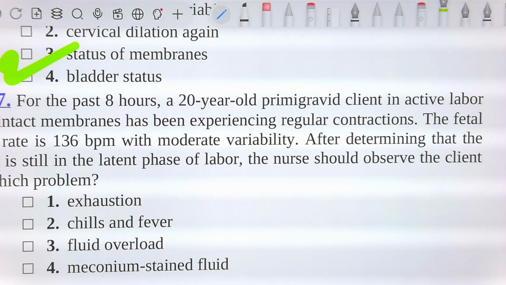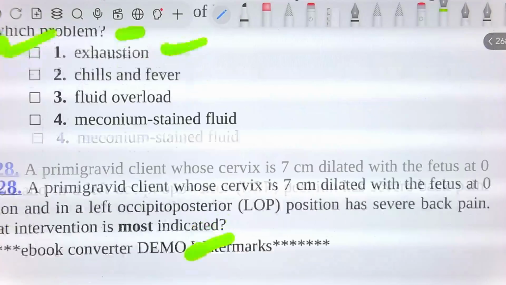After determining that the client is still in the latent phase of the birth, the nurse should observe the client for which problem? Read all the options. What will be the correct one? Answer number 1 will be the correct one. Usually if labor goes on for a long time, the mother will become exhausted. That is why we have to assess for exhaustion, whether she is tired.